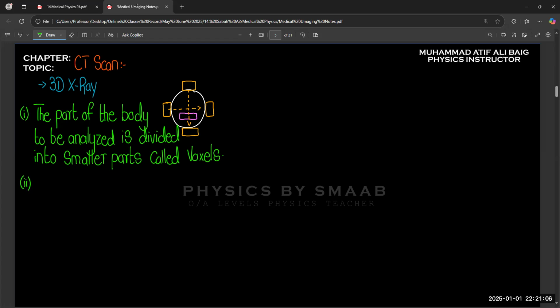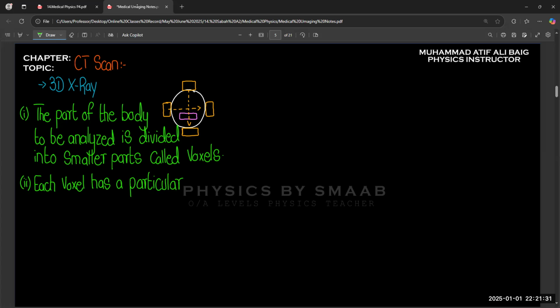And the second point is each voxel has a particular absorption. Basically, it depends upon their absorption intensity.